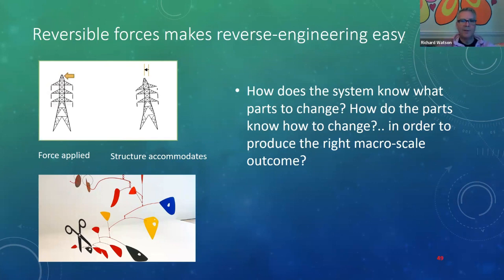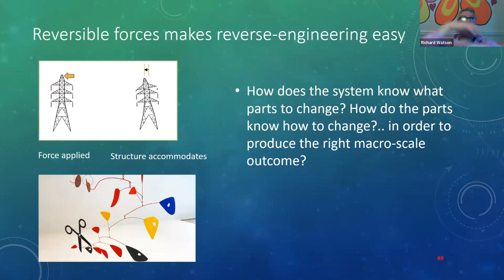Well, this is obvious and easy when all the forces are reversible. The stress on the top translates stress down to the members that are connected to the top, which translates stress down, and so on, in such a way that the ones which need to bend feel the stress of the pressure on the structure.